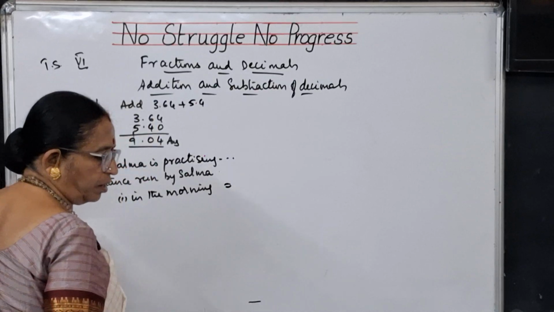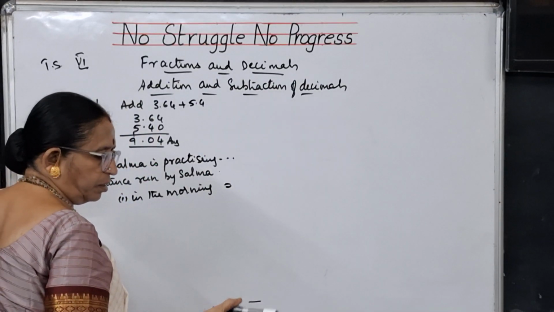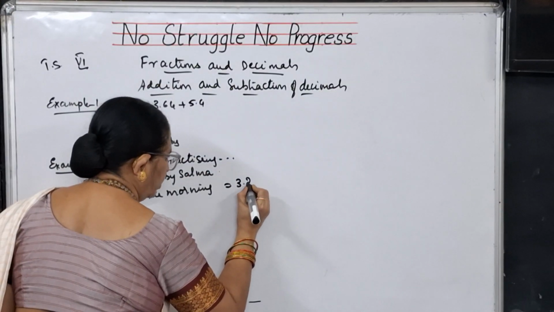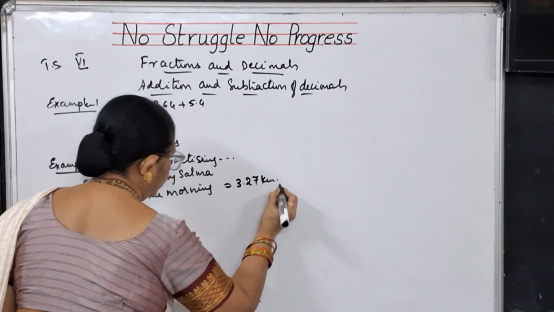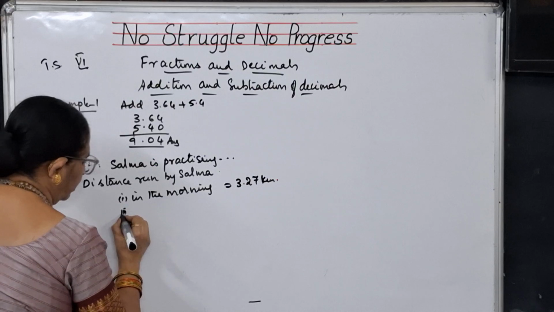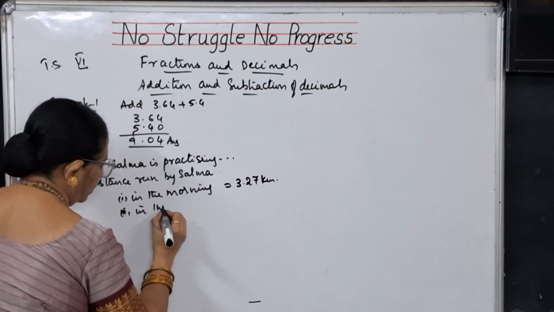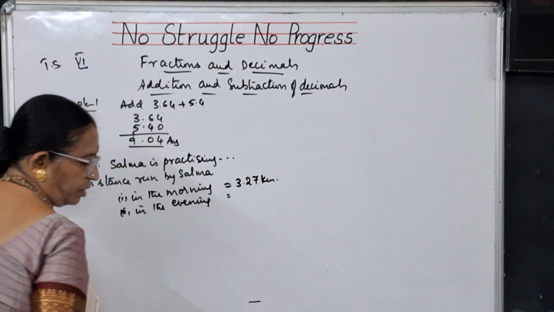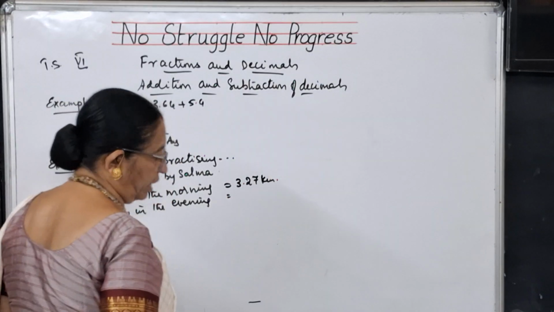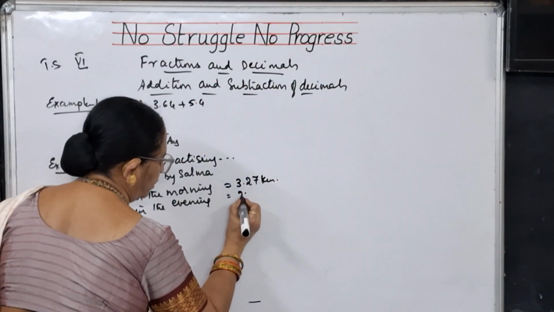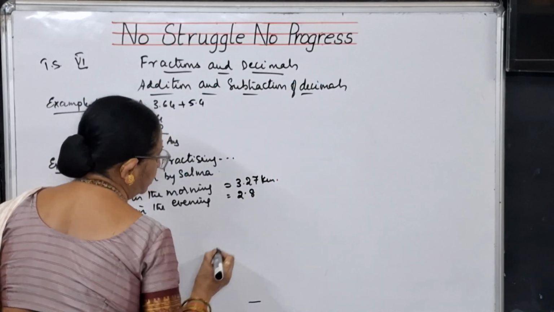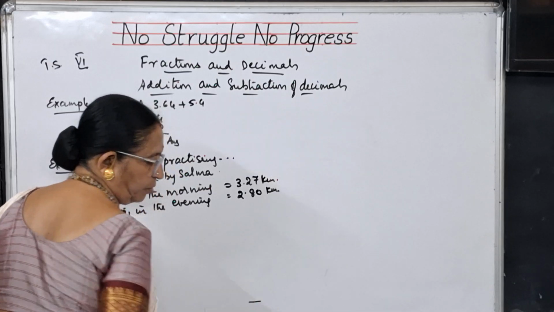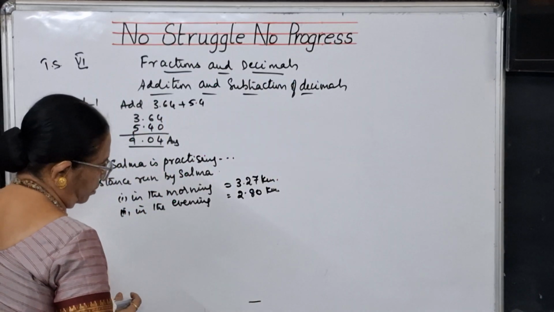It is 3.27 kilometers. And second, in the evening, how much did she run? 2.8 kilometers. So after the decimal here, 2 and 8. 8 means 80. You can write 2.8 kilometers as 2.80.